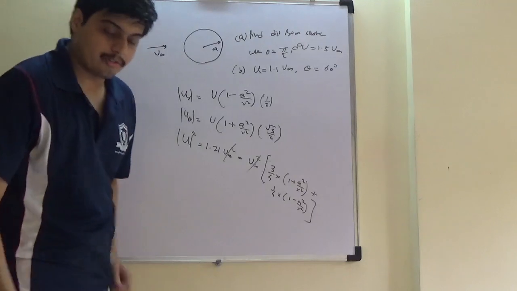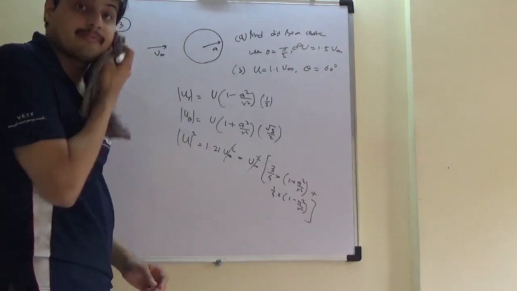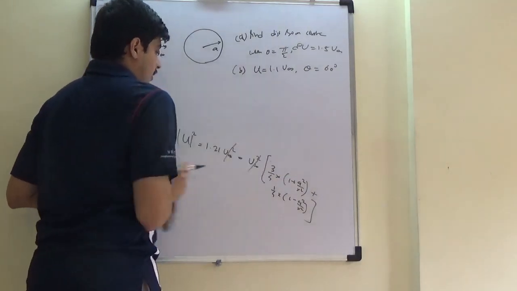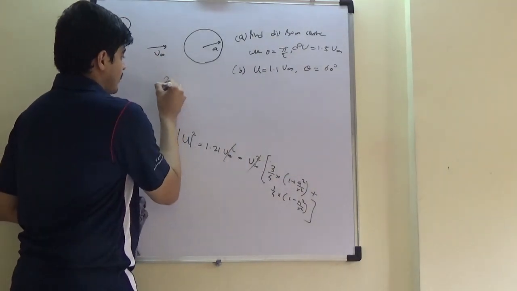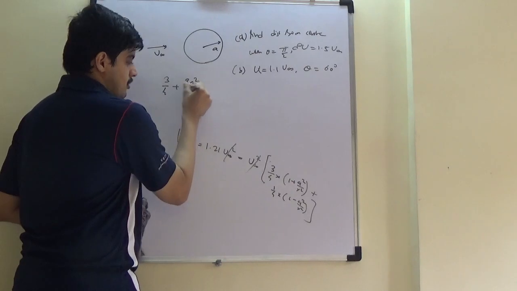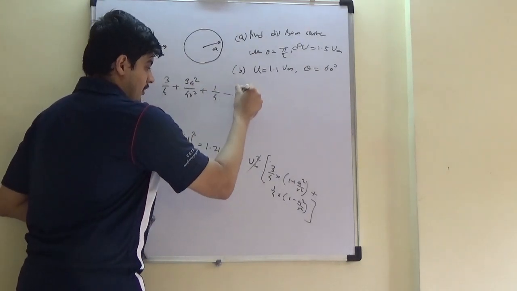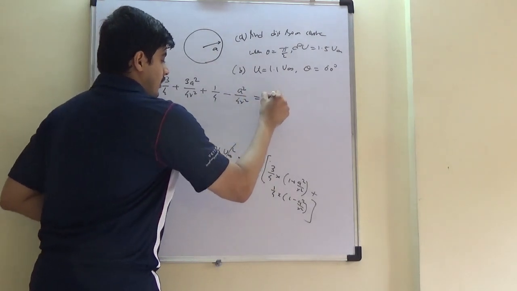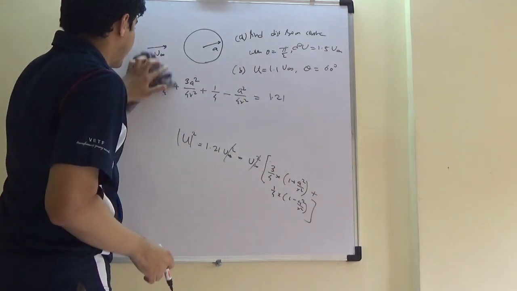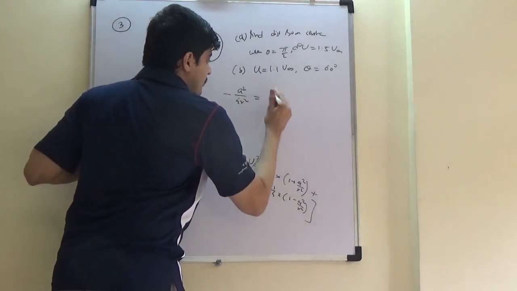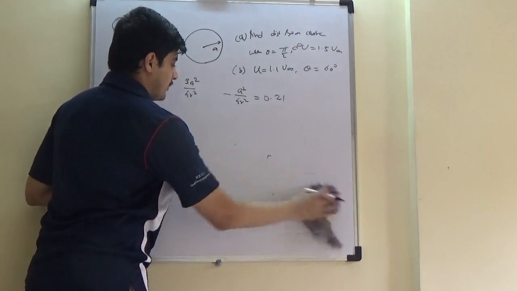It has to be independent of u infinity, that we know for sure, which means now I can get rid of this, and the equation I am left to solve is 3 by 4 plus 3a square upon 4r square plus 1 by 4 minus a square upon 4r square is 1.21. 3 by 4 plus 1 by 4 is 1. That goes out here and this becomes 0.21.